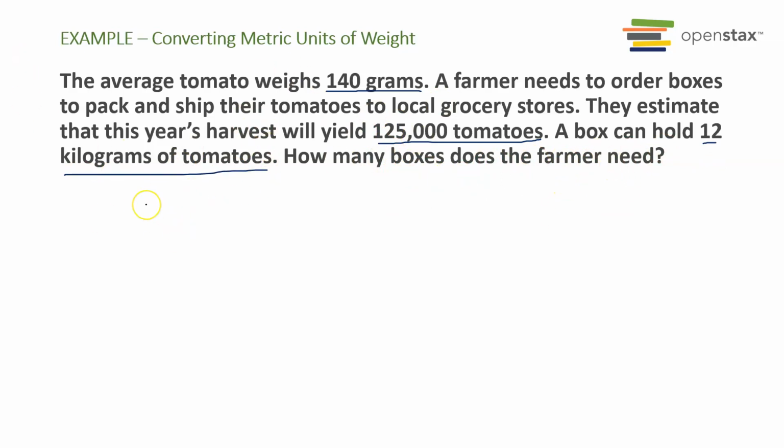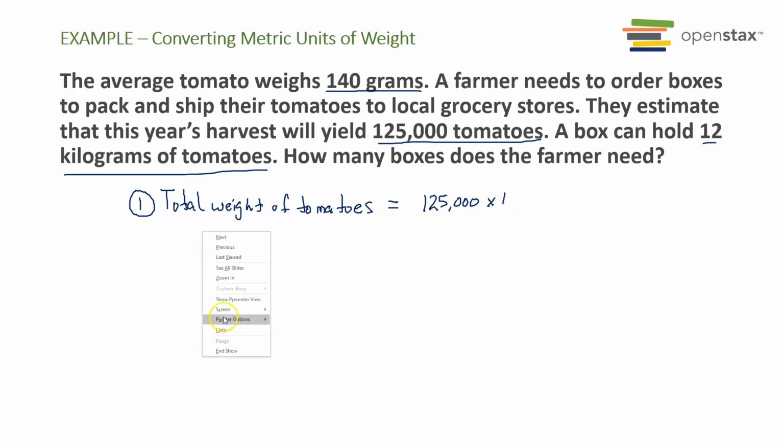So first thing we need to figure out is the total weight of the tomatoes. So the total weight of the tomatoes is going to be 125,000 tomatoes times 140 grams.